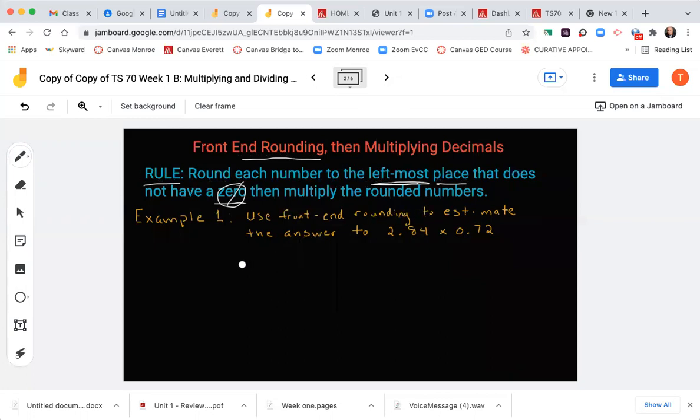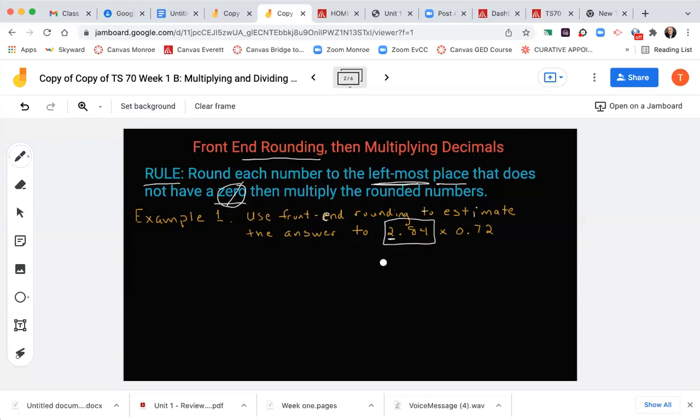So let's look at an example of what that actually looks like. Use front end rounding to estimate the answer to 2.84 times 0.72. Front end rounding means you round to the leftmost number that's not 0. In the number 2.84, the number on the far left is 2.